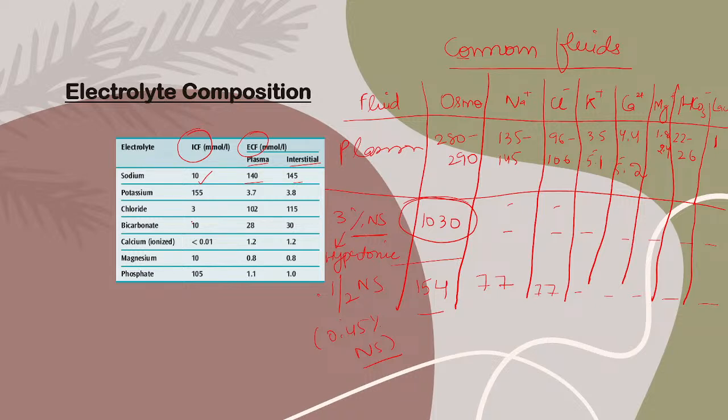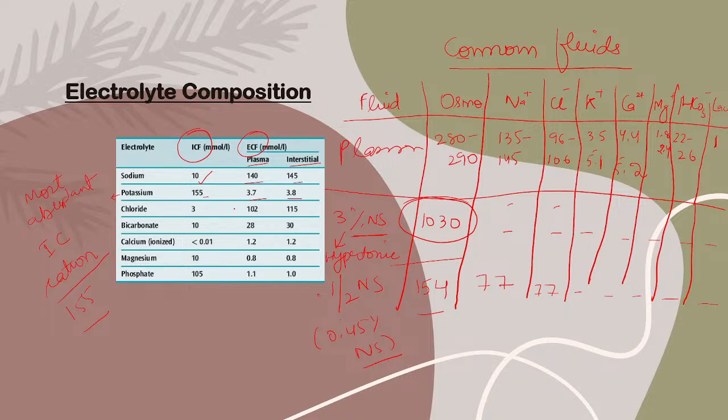Potassium is the most abundant intracellular cation. The concentration is 155 millimoles per liter, and in extracellular it is 3.7 and 3.8.